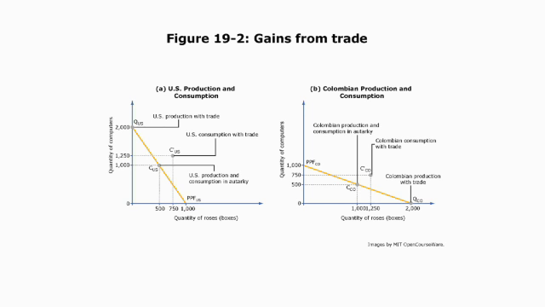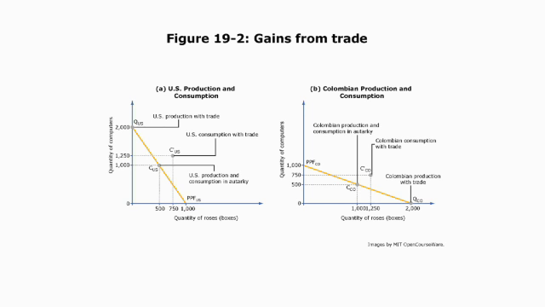So we are learning that Colombians, even at the same price, do prefer love over production. But nonetheless, the bottom line is both sets of consumers are better off. Both sets of consumers are consuming at a higher point than was possible without trade. It's magic. The magic is that simply by letting them trade, we have made both countries better off.